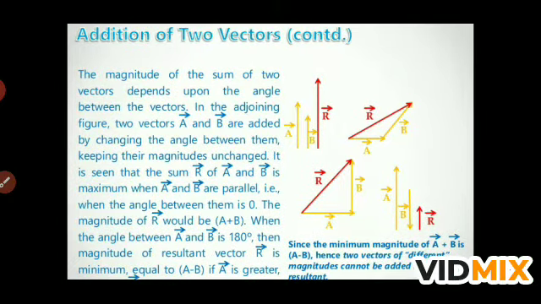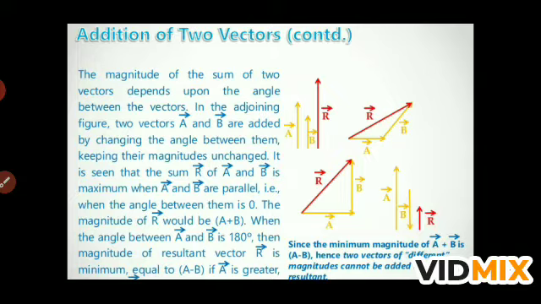The magnitude of the sum of two vectors depends upon the angle between the vectors in the adjoining figure. Very important thing is, if the angle between two vectors changes, the resultant also changes. So the two vectors a and b are added by changing the angle between them, keeping their magnitude unchanged.